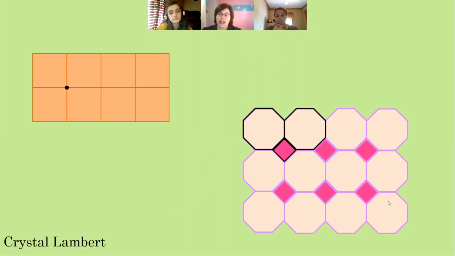And they cannot have any spaces. So here you see an octagon, and we have octagon, octagon, and where that space is between the 2 octagons, you would have a square. And you can see here that this pattern repeats over and over. As long as you have octagons and squares, you have a semi-regular tessellation or tiling.